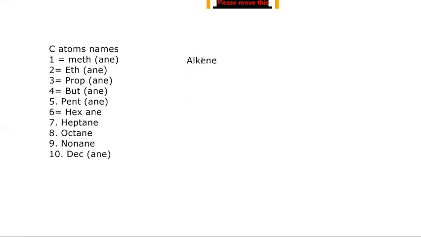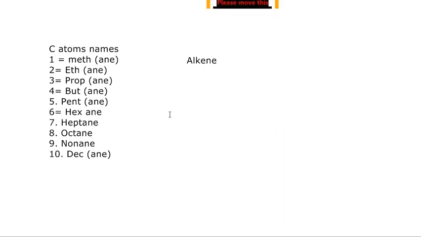Remember, in alkane and alkene, alk is the same. That means the names would remain the same as given over here, but you just use ene instead of ane.